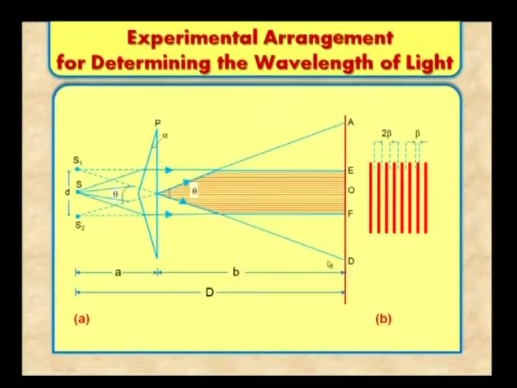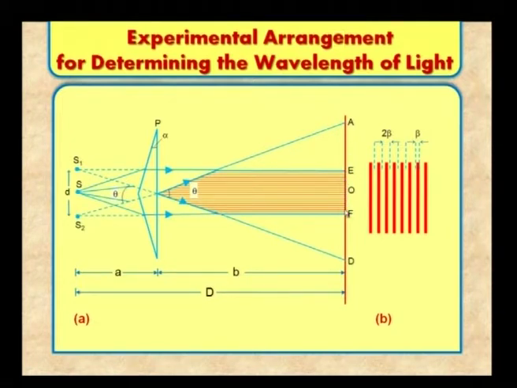So, you make use of a biprism to obtain two coherent sources S1 and S2. You have the light coming from S1, and similarly you have the light coming from S2. You see the region here where the beams are interfering. So, you get the interference pattern in the region EF.